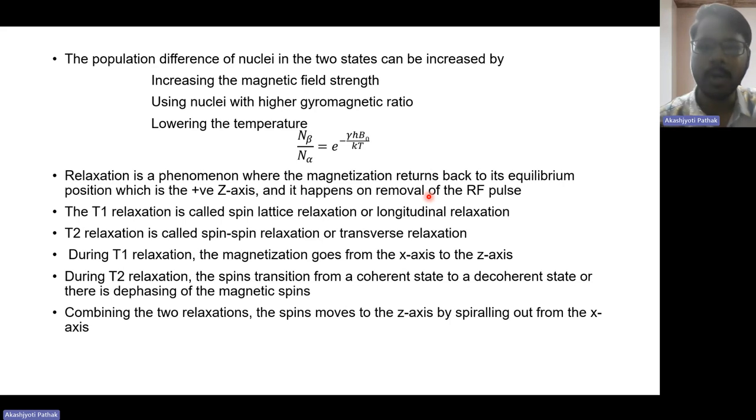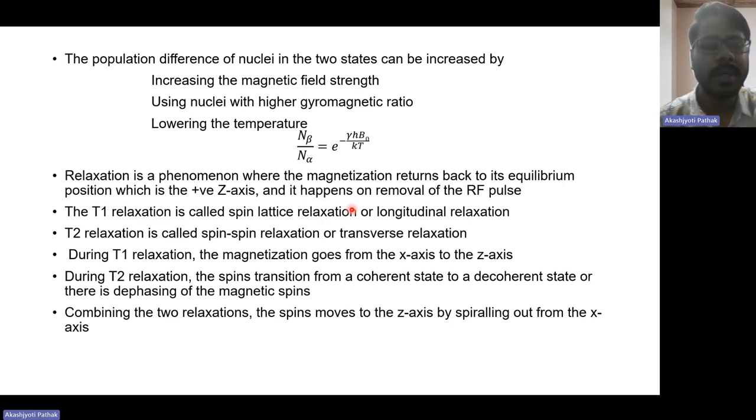The net magnetization flips from the positive Z direction to the positive X axis, or it can shift to the Y axis, depending on in which direction we are applying the RF pulse. Okay, so once this RF pulse is removed, what will happen? The nuclei will start relaxing. They will start moving to their equilibrium position.